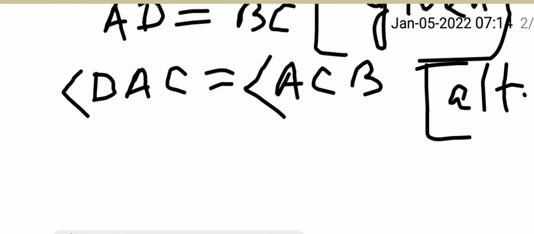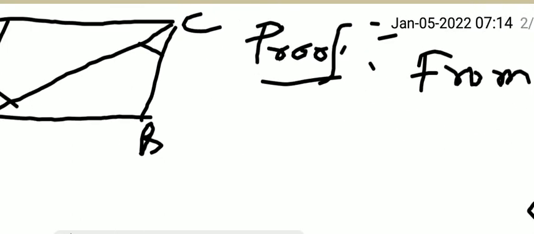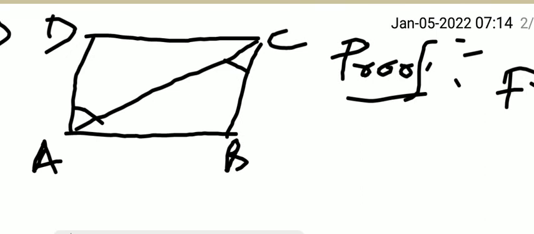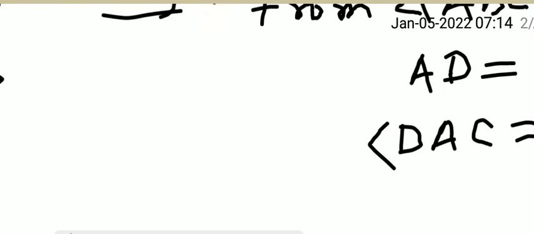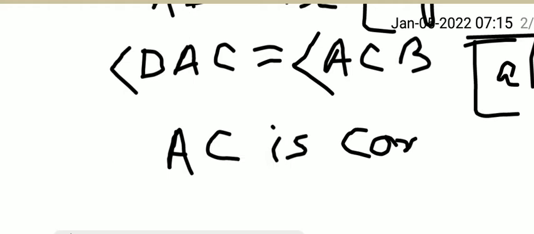One more thing you have to prove. Students, you can see that in these two triangles AC is common to both. So you write AC is common.